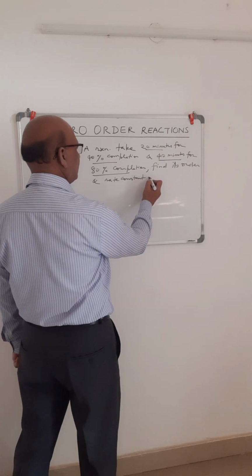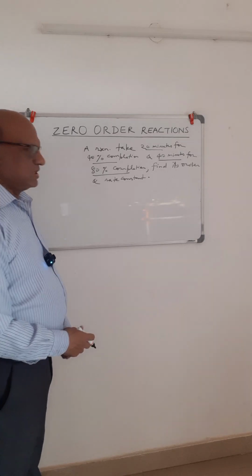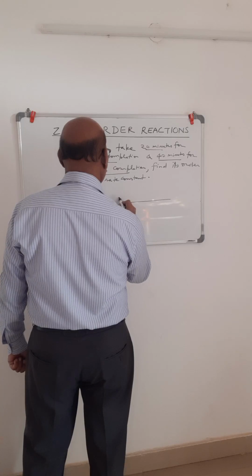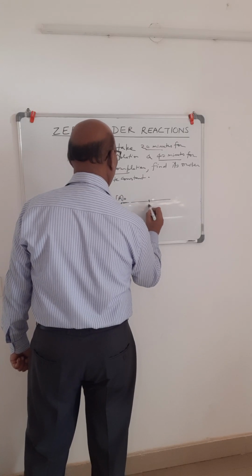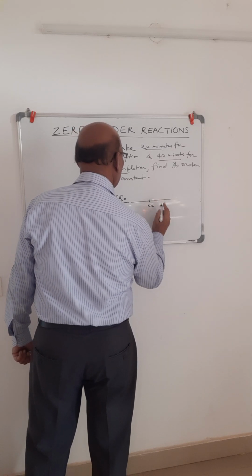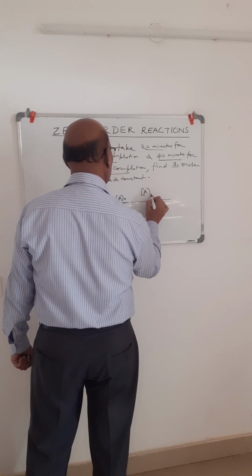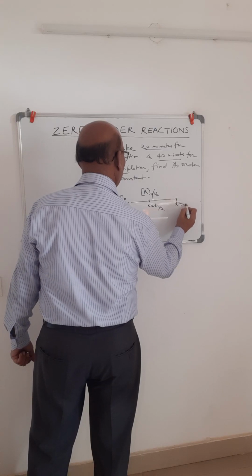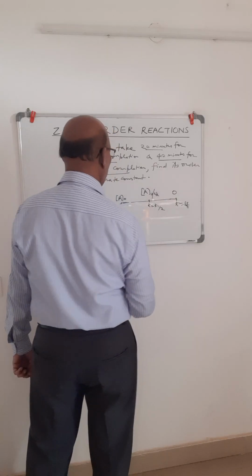Okay, because we had seen that its half life was A0 by 2K and its lifetime was A0 by K. Suppose I start with A0 concentration, then I know that at T equal to T half, the concentration of A was A0 by 2K, and at T equal to lifetime, the concentration was 0.